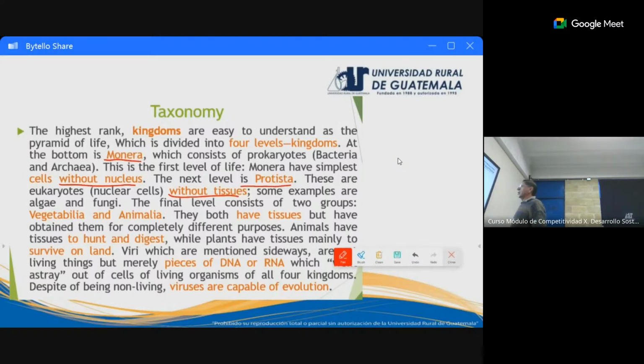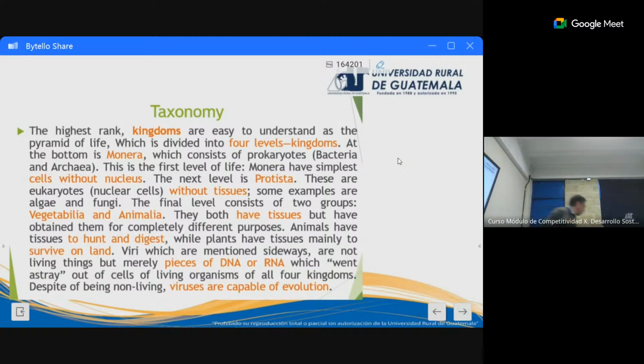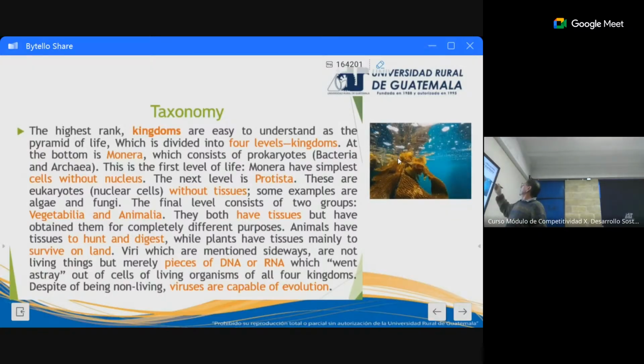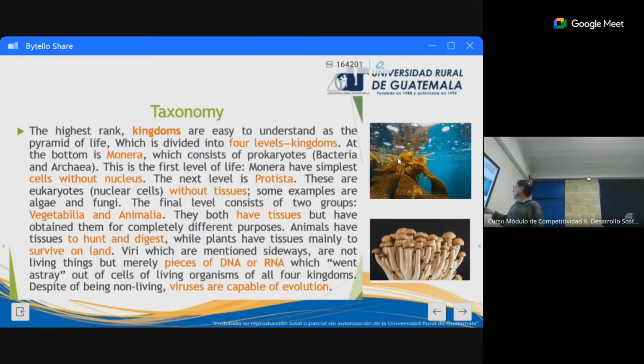So we're going to check some images to see some examples. Here we have some algae. These are algae, and then we have also fungi.